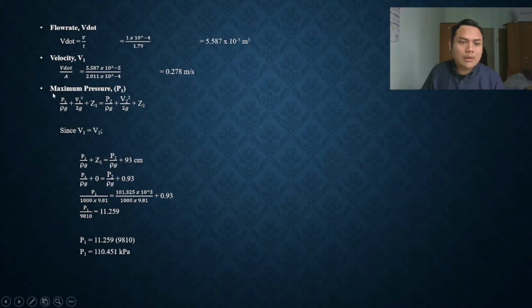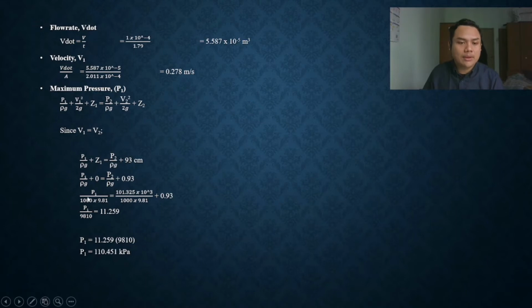So how do we calculate the maximum pressure? We use the Bernoulli equation to calculate the maximum pressure. Since we consider V1 is equal to V2, we cancel the V1 and V2 from our equation. And then Z1, we have no climb in Z1; we consider Z1 as the starting point.